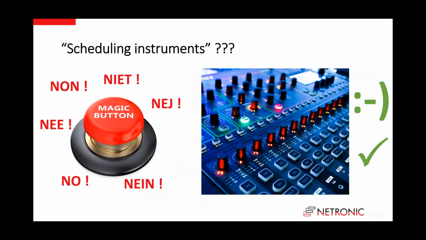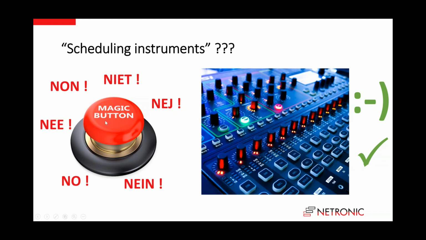And so let's talk a couple of minutes about scheduling instruments before I actually switch to the demo. This one is really important, because the idea of having scheduling instruments is key to the Visual Advanced Production Scheduler. We know that when thinking of production scheduling, especially more advanced production scheduling and the larger customers, many people have this magic button in mind, right?